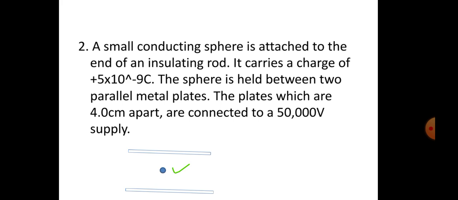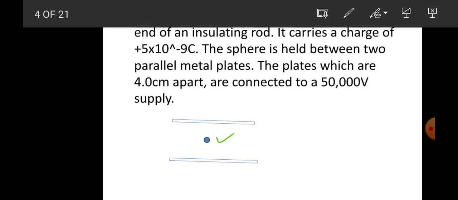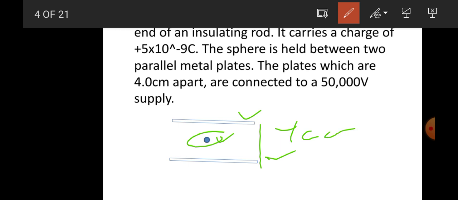The sphere is placed between two parallel metal plates, which are 4 cm apart and are connected to a 50,000 volt supply.